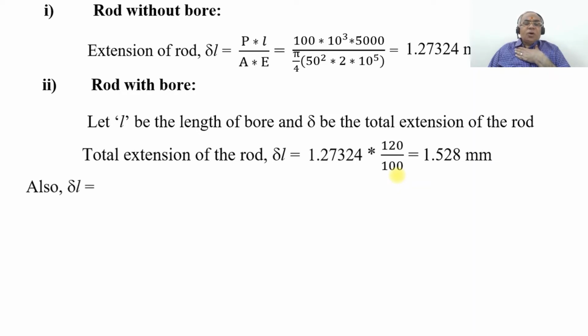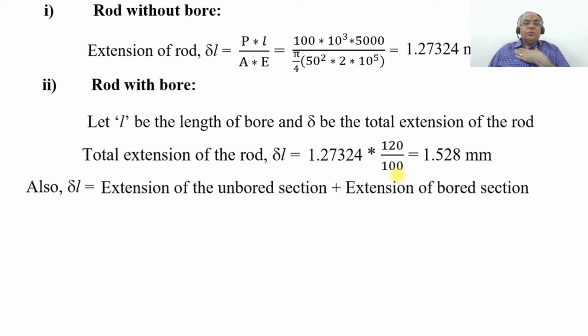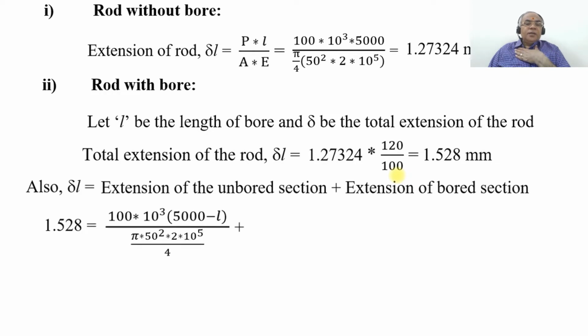So you are going to get the total extension of the rod as 1.528. Also, we know delta L will be equal to the extension of the unbored section plus the extension of the bored section. The extension of the unbored section has length 5000 minus L. So 1.528 equals 100 into 10 to the power of 3 into (5000 minus L) divided by pi into 50 square into 2 into 10 to the power of 5 by 4, plus the extension of the bored section, which is like a hollow cylinder.